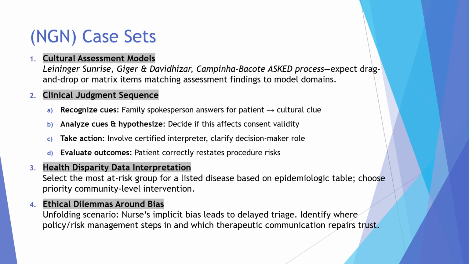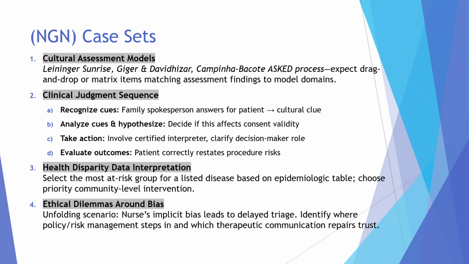the outcomes. Health disparity data interpretation: select the most at-risk group for a listed disease based on an epidemiologic table, and choose the priority community-level intervention. For 4, ethical dilemmas around bias. It's a lot of dilemmas.